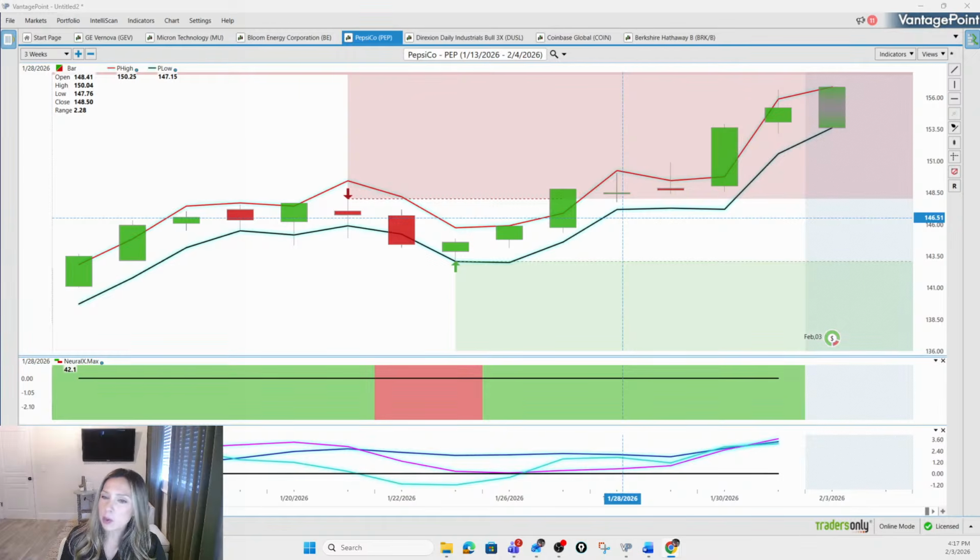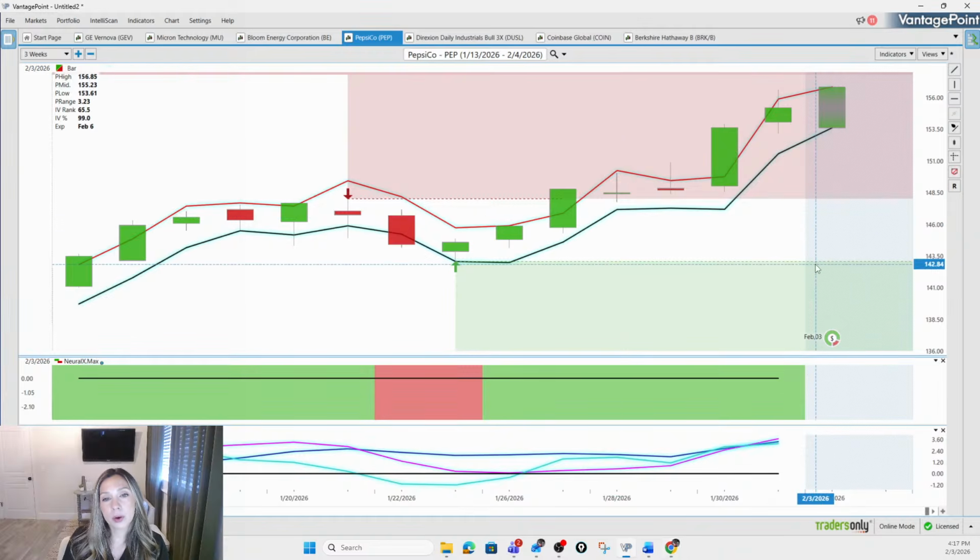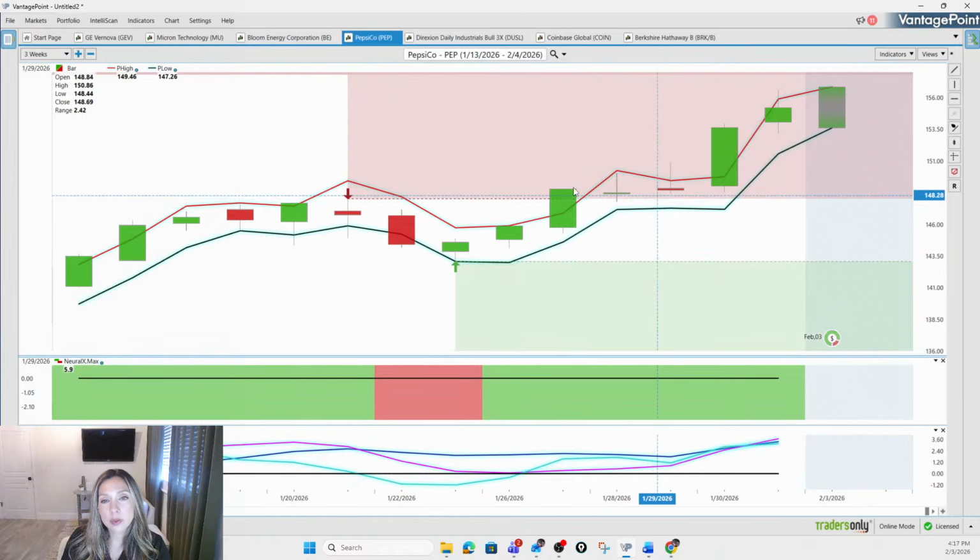Now, we've talked about support, because support can also be used as a stop level or even potential profit targets as well. So I'm going to take the same scenario here, as we start to come at increased risk, you may set some profit targets as well, or up to the next resistance level.